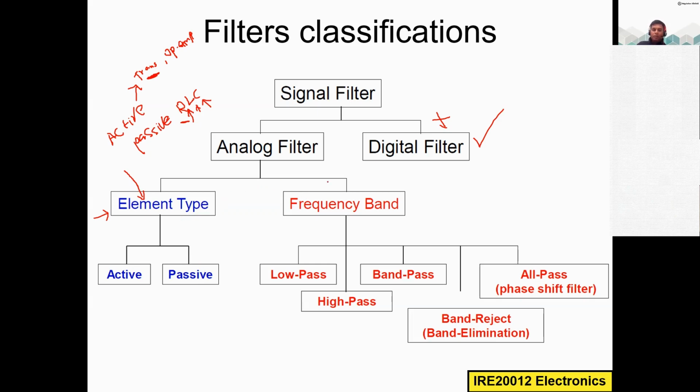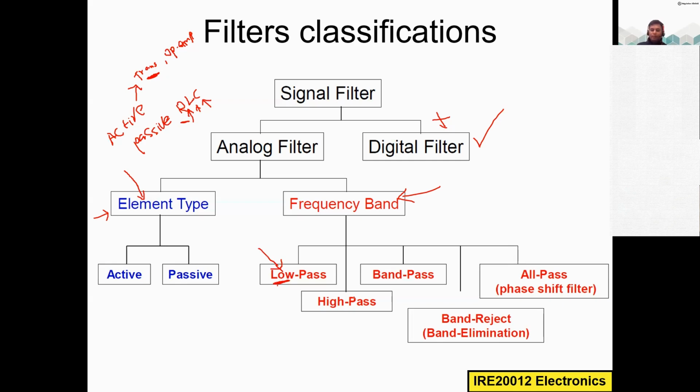Another one is called frequency band. Based on the frequency band we can classify. That is the low pass filter, because it passes only low frequencies. Remember, low frequencies means a certain frequency band.